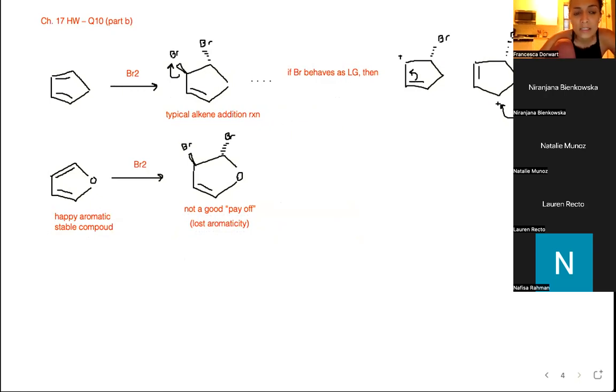This is by, instead of the second bromine actually binding, this bromine or the other bromine perhaps might leave. So let's just say we see one of our bromines leaving, or we might have the other bromine leaving.